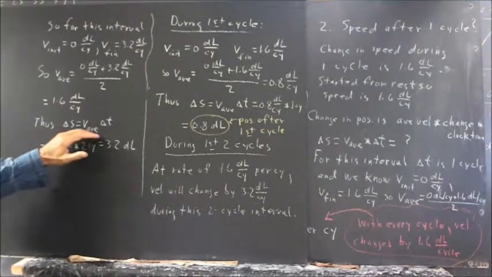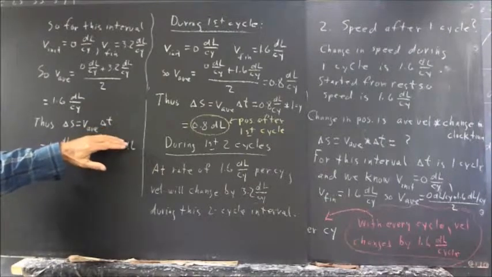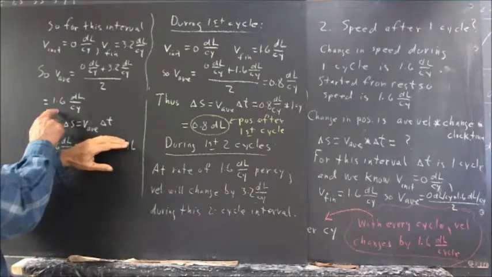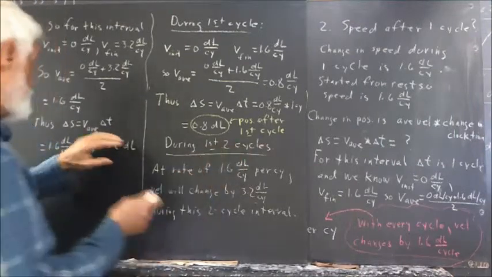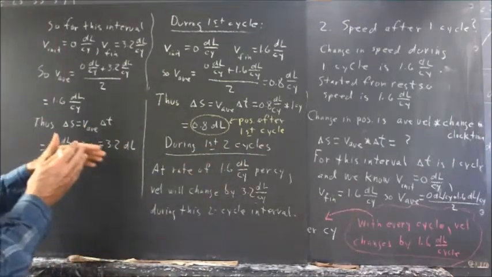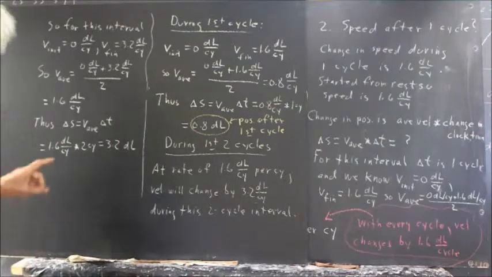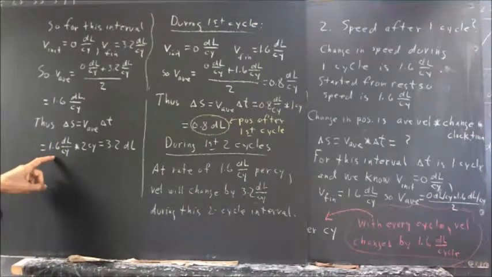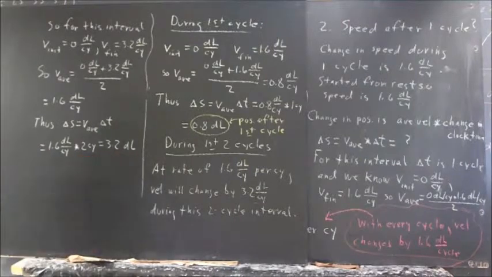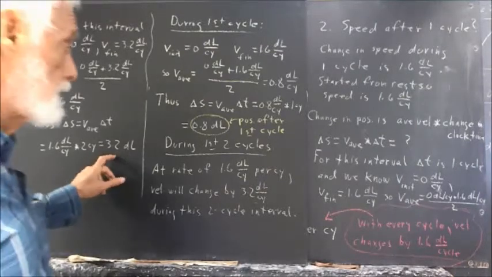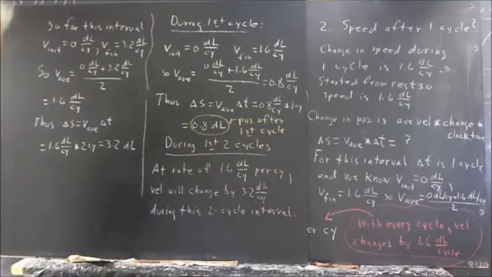So delta S is average velocity times delta T. What's average velocity? 1.6 domino lengths per cycle. What's your delta T? It's 2 cycles, since this interval starts at the beginning and goes through 2 cycles. So we multiply the average 1.6 domino lengths per cycle by the 2 cycles, and we get 3.2 domino lengths. Now, it's worth noting that this is 4 times the distance we traveled on the first.